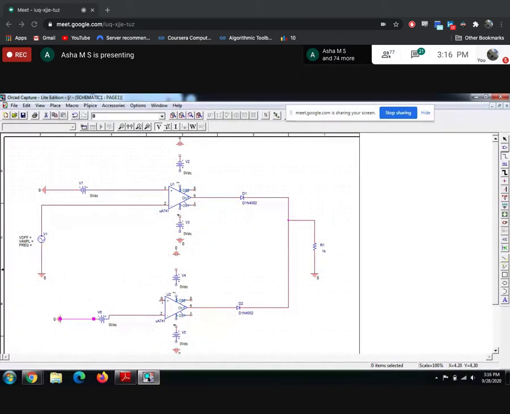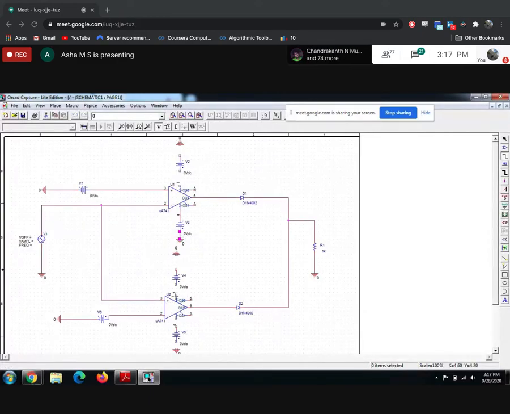Now pin number 3 of the op-amp is connected to pin number 2 of this. Again, here also one junction is there. Next, what else do we need to add? Pin number 4 is connected to negative. Again, positive is connected to ground.